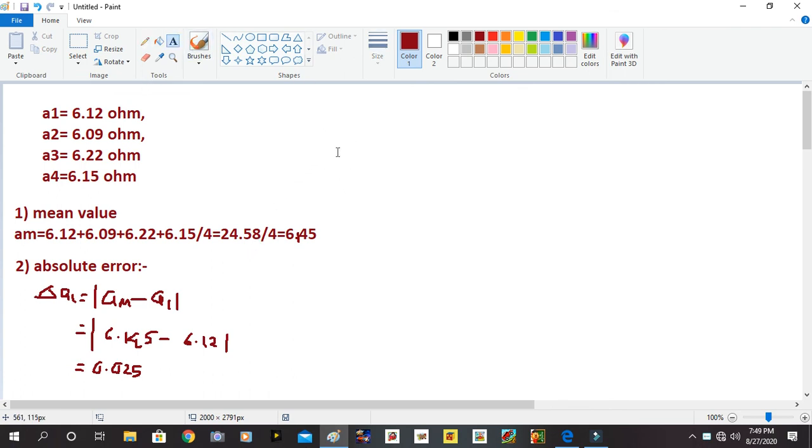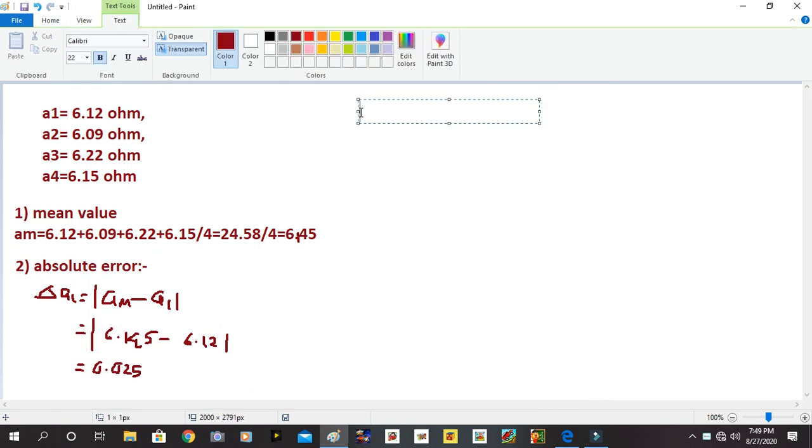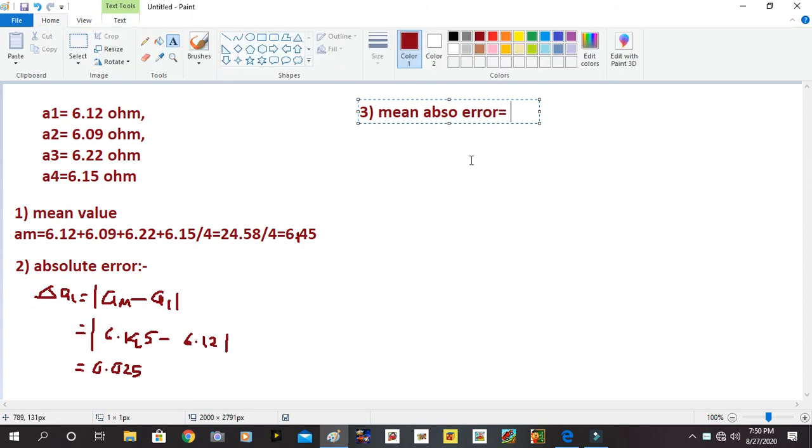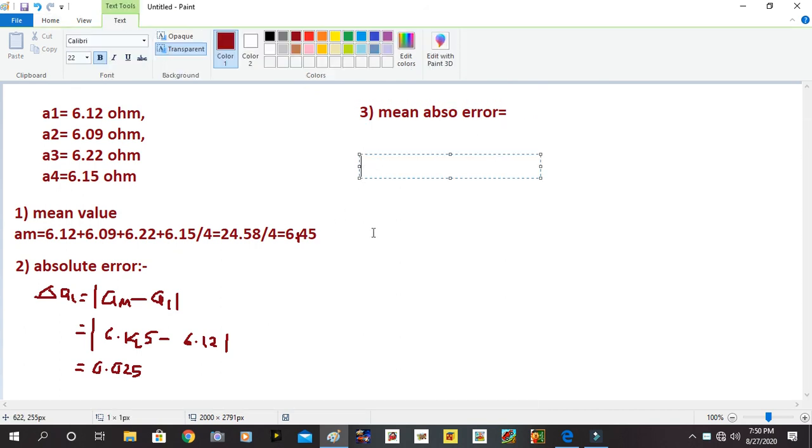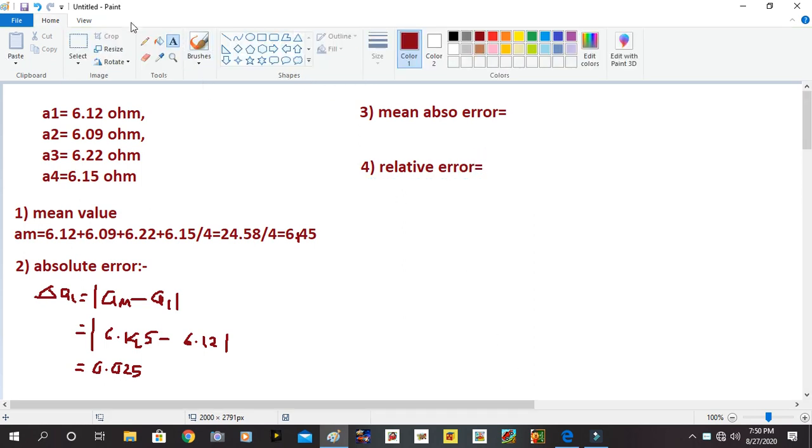Then third, you have to find out the mean absolute error. Then you will find the relative error by using this formula. Relative error is equal to, what is the formula?